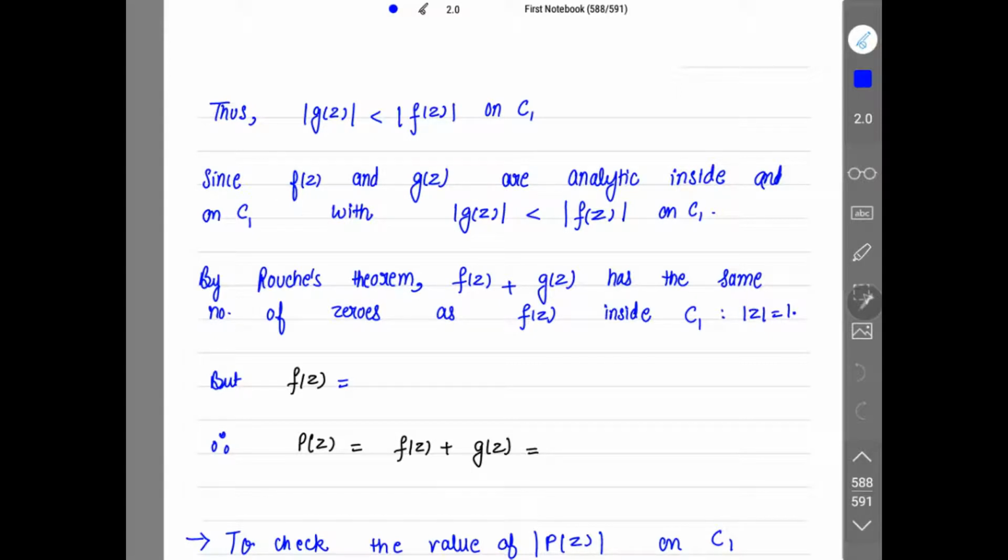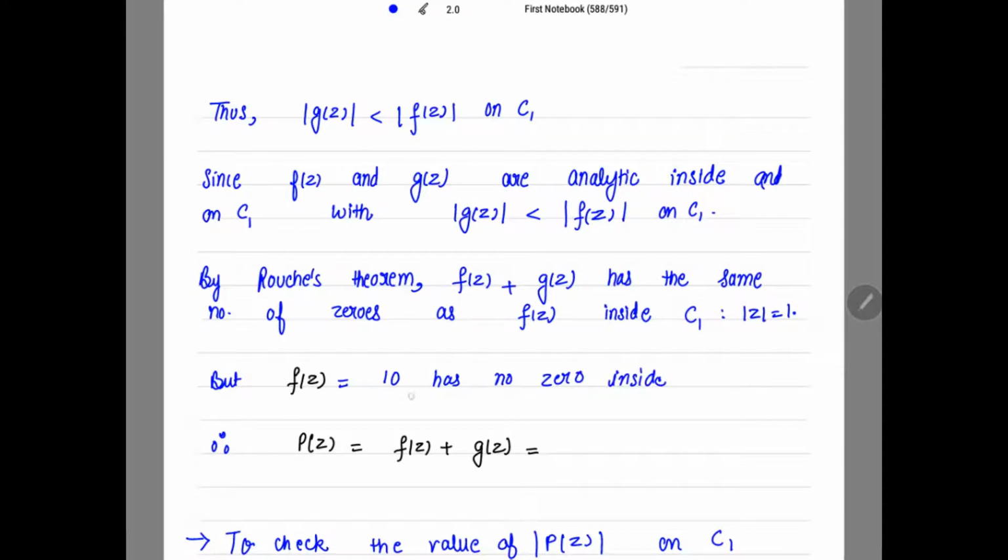Since f(z) and g(z) are analytic inside and on C1, with |g(z)| strictly less than |f(z)| on C1, now we say that by Rouche's theorem, f(z) + g(z) has the same number of zeros as f(z) inside C1. But f(z) is equal to 10. Does this have any zero? No. So this has no zeros inside C1.